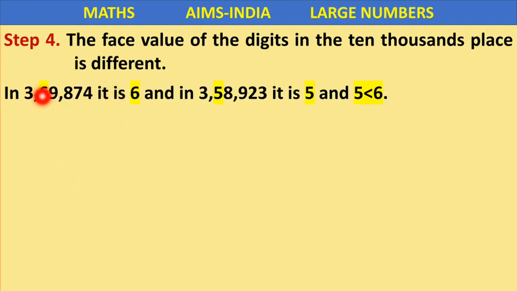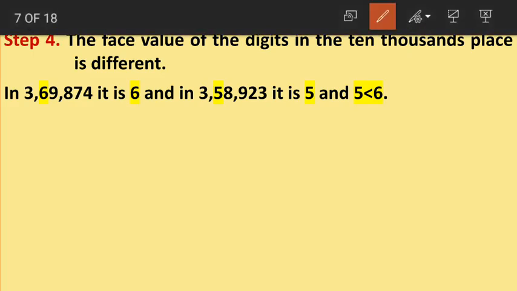In this number we are having 6 in 10,000s place, and in the second number we are having 5 in 10,000s place. Now both the digits are different, right? Yes, they are different. Now compare both the digits 5 and 6. We know that 5 is less than 6.